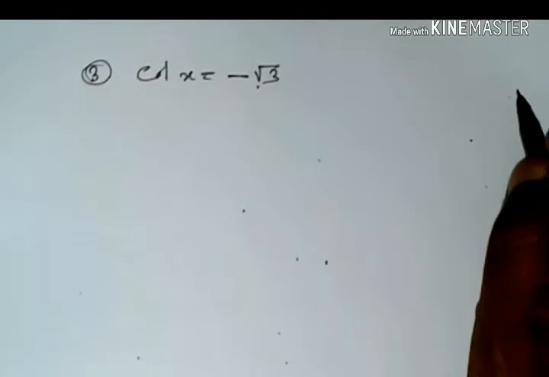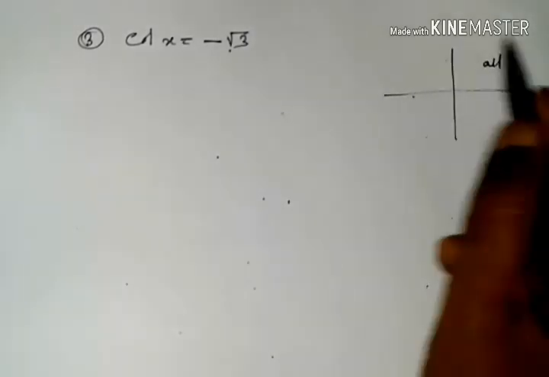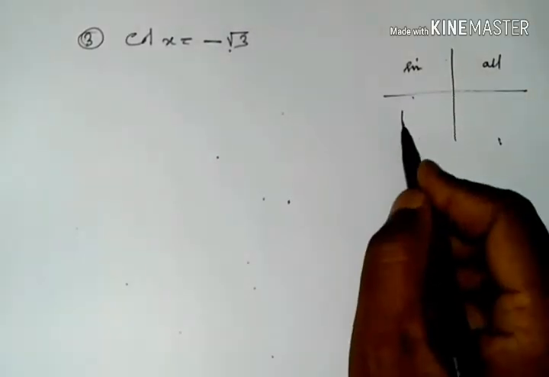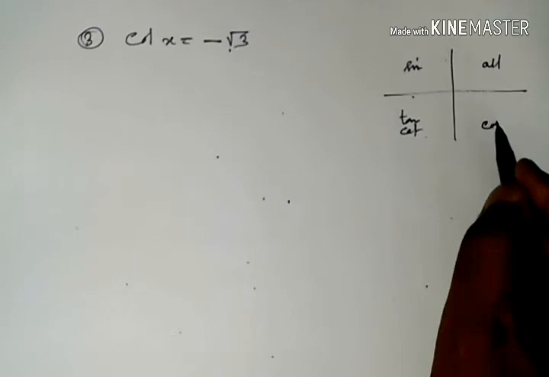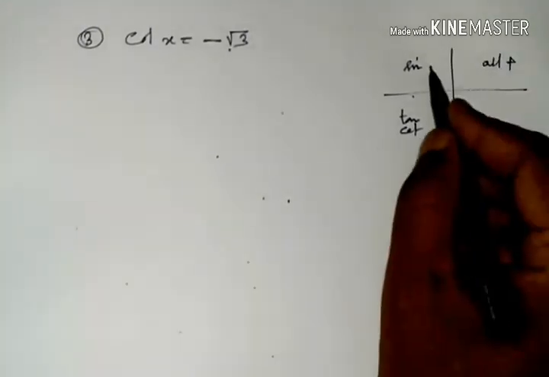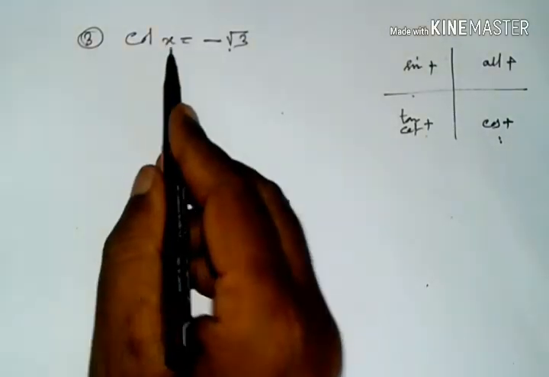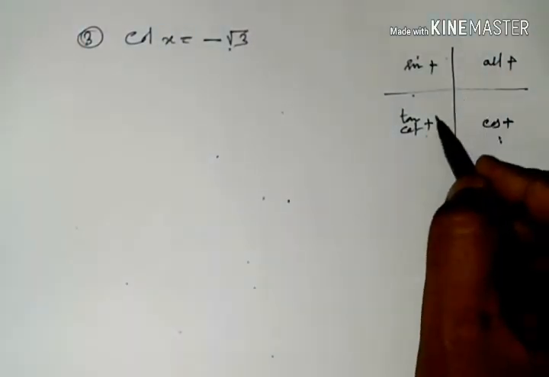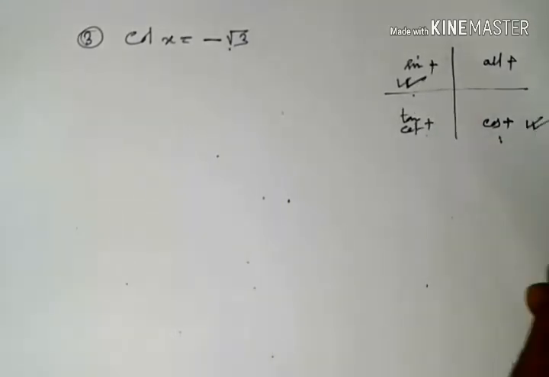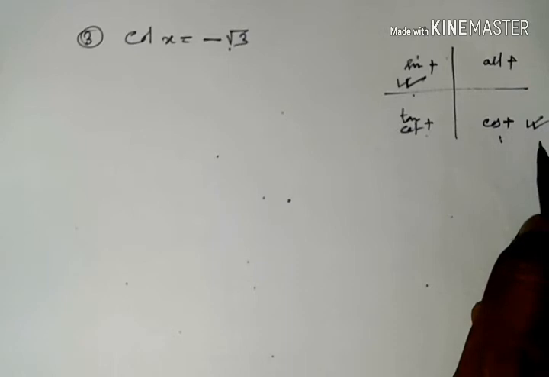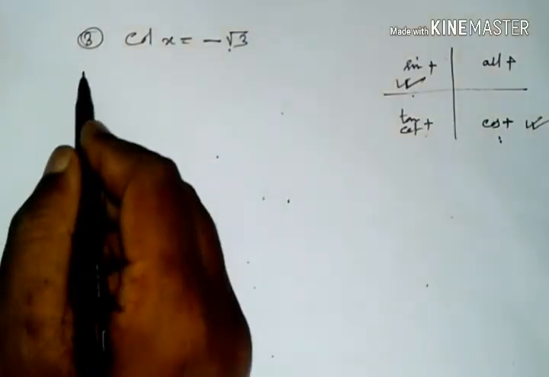Here cot x is negative, so in which quadrant is cot x negative? Using All Sin Tan Cos, cot x is positive in the first and third quadrants, therefore cot x is negative in the second and fourth quadrants.